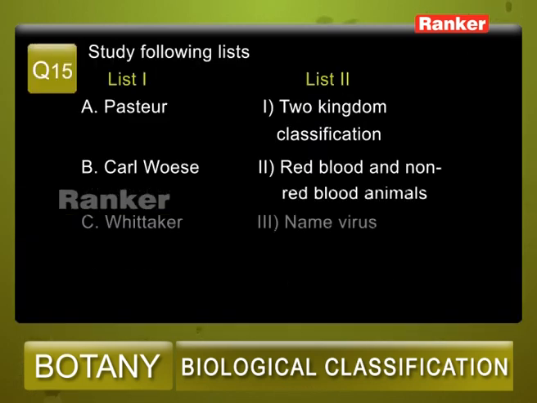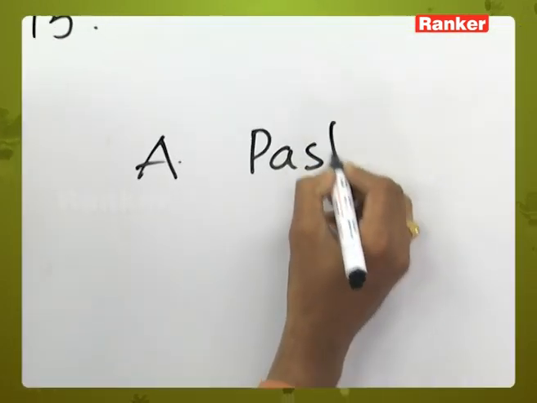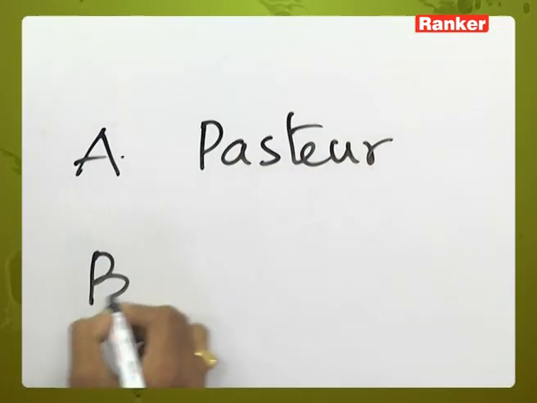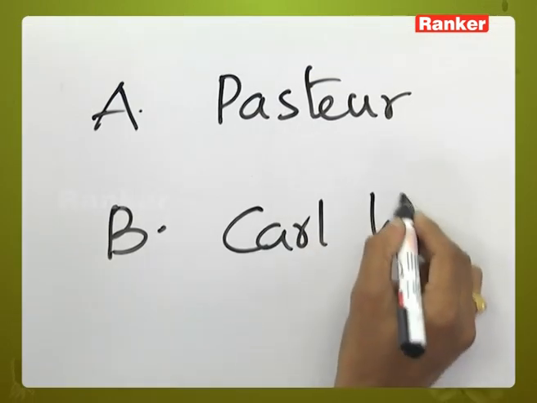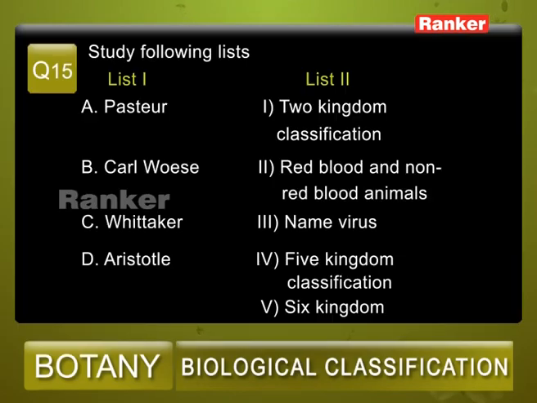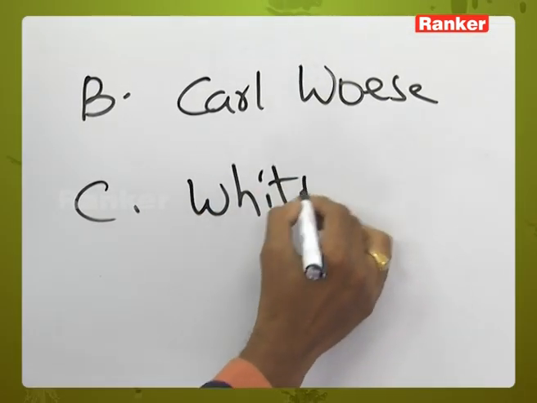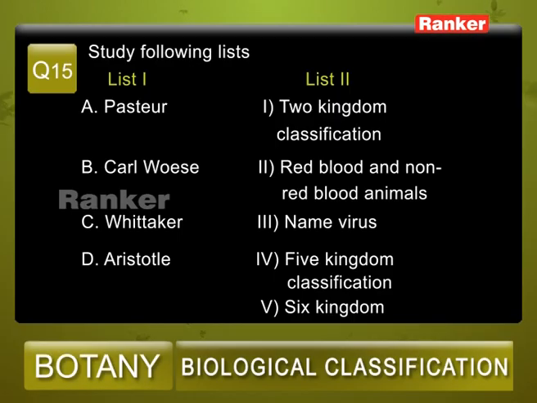Question number 15. Here two lists have been given, that is, study the following list, list 1 and list 2. Under list 1, A is Pasteur, B is Carl Woese, C is Whittaker, D is Aristotle.